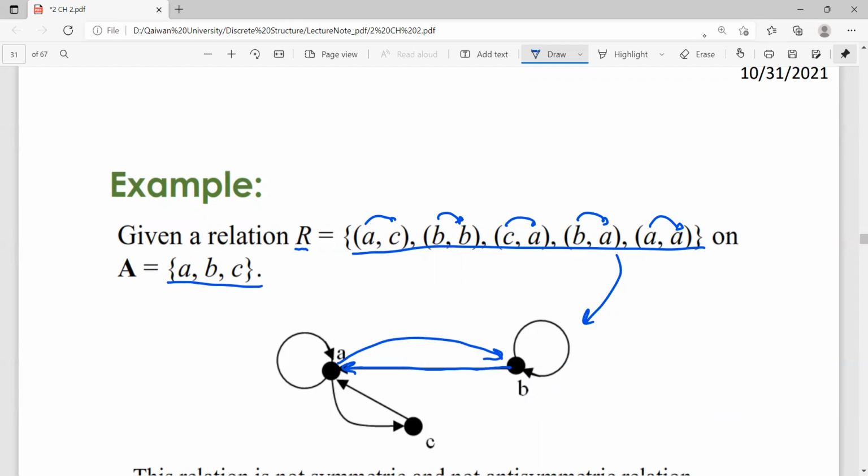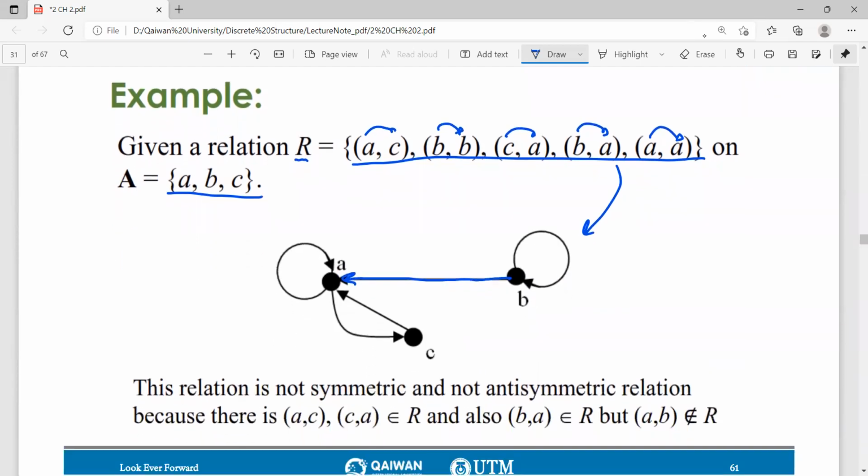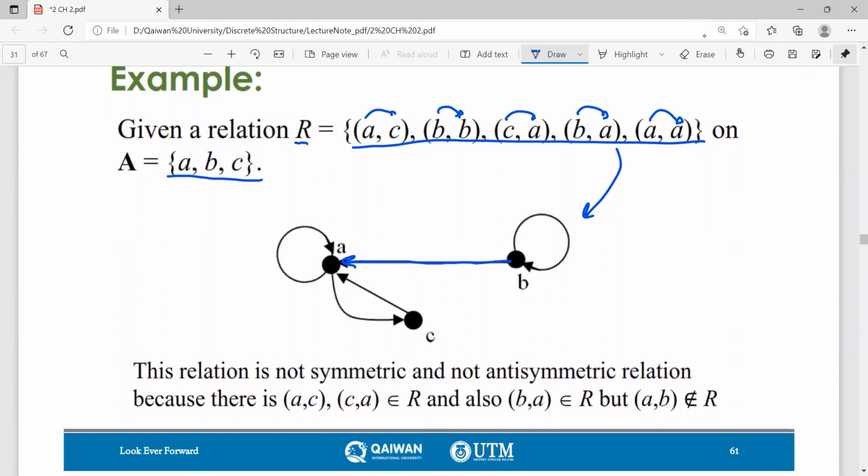So if there is at least one one-way arrow, we say that's not symmetric. So this relation is not symmetric, and also it's not anti-symmetric.